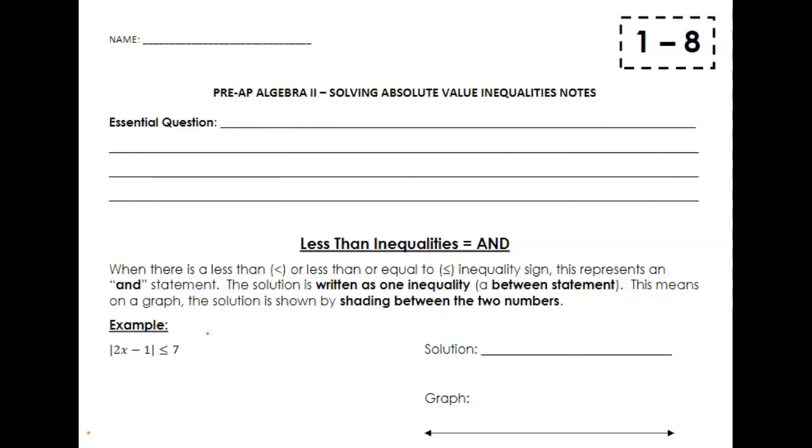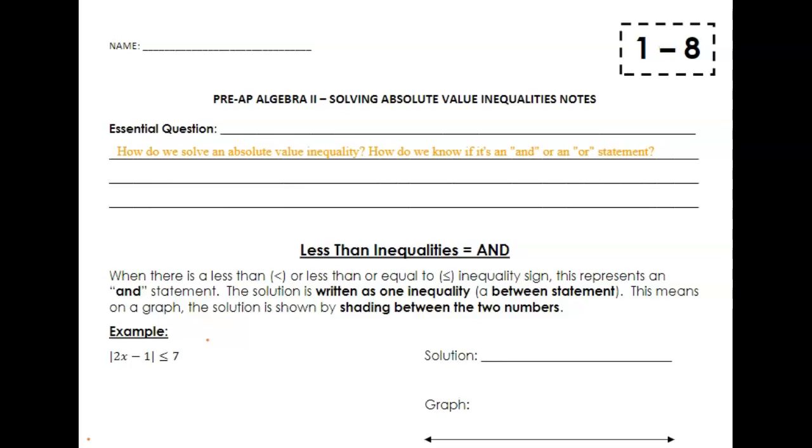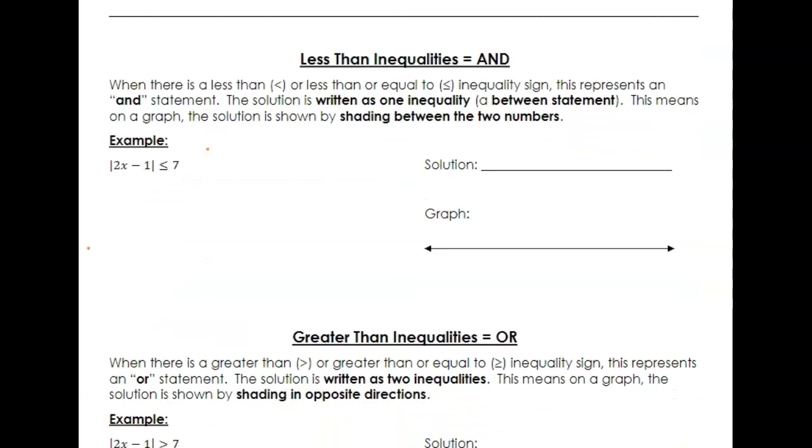So our essential question today is how to solve an absolute value inequality. And how do we know if it's an and or an or statement? So let me go ahead and scroll down. Here we go.